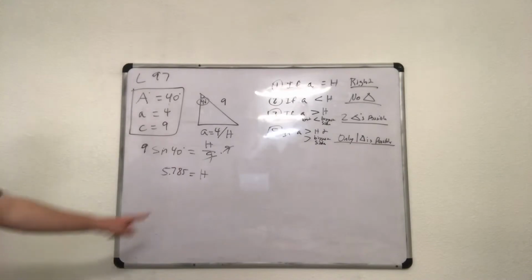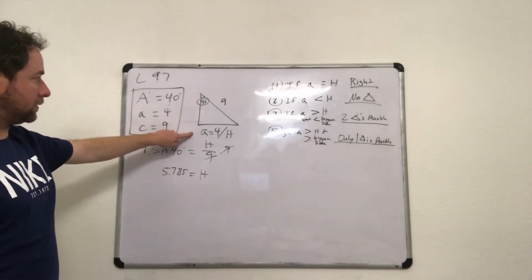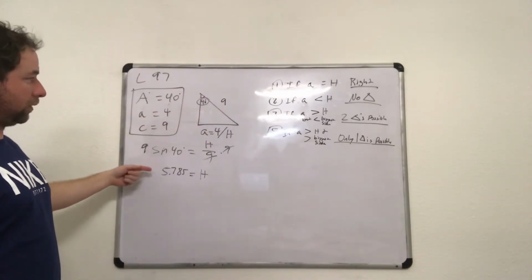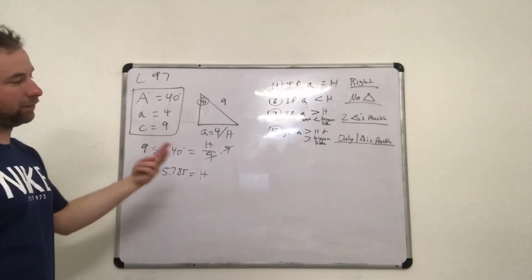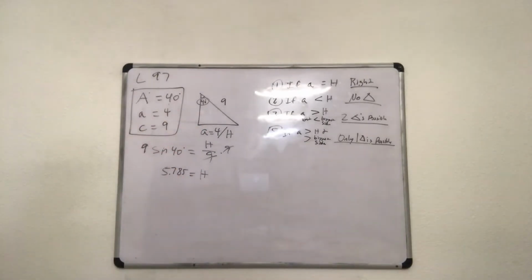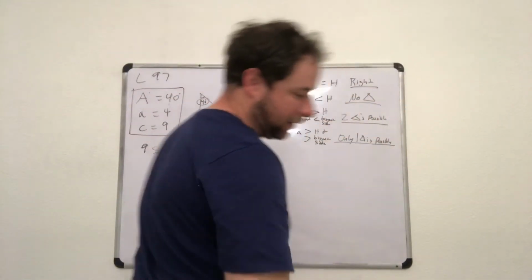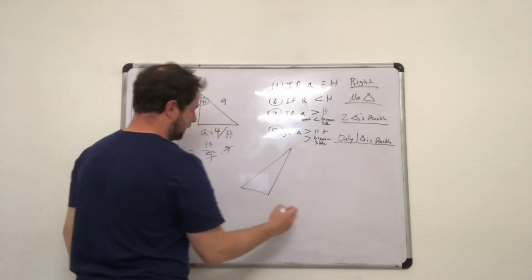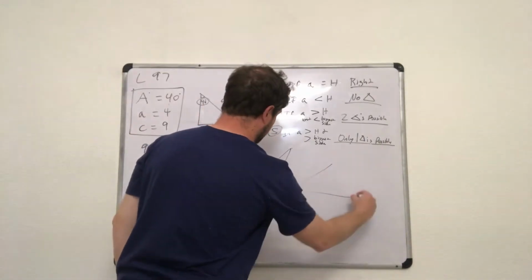So it's not equal to 4. It is not less than 4. It is greater than 4, but it is less than the biggest side. So we have two triangle possibilities here: we either have an obtuse triangle, which looks something like this, or we have an acute triangle.